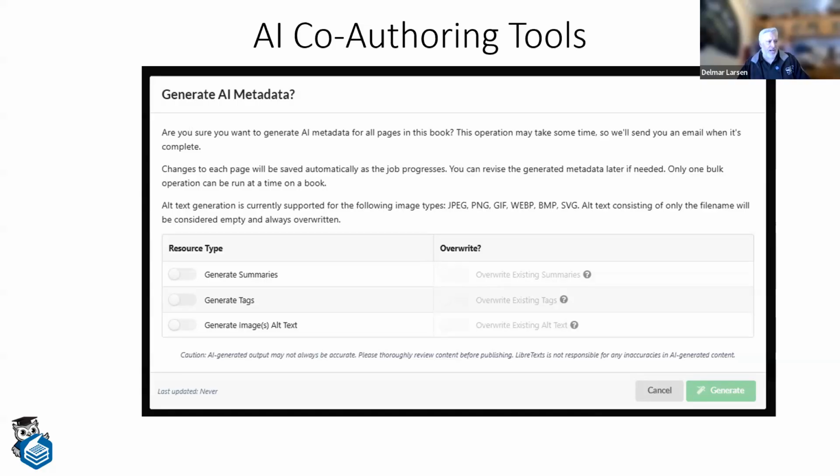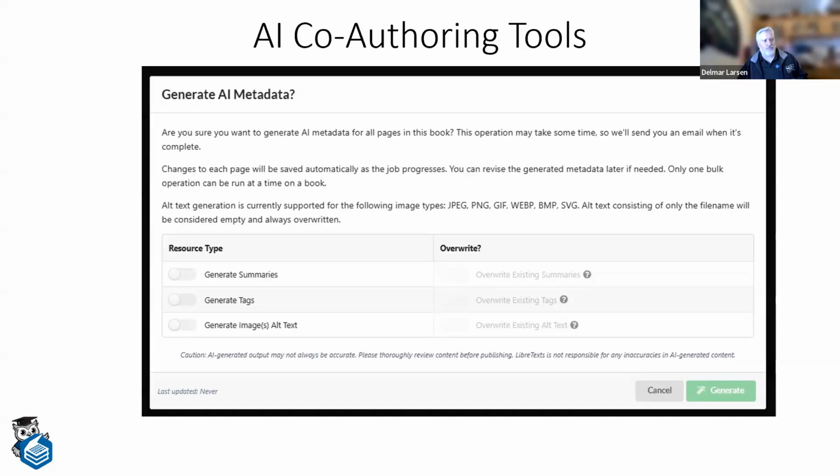I am comfortable with AI making summaries of content on the page. I'm comfortable with AI making alt text for content on the page. I'm comfortable with AI coming in and identifying keywords for content on the page that is meant to be used for search capabilities, meant to be how you create indexes for a book, which is oftentimes missing in most OER that's out there.